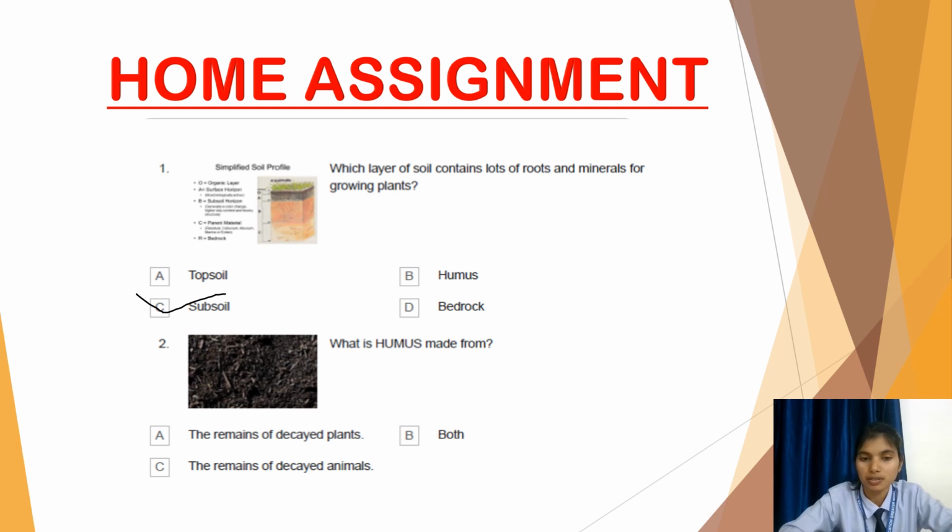The next question is, what is humus made from? So basically, students, as I have already told you, humus is made up of the decomposition of plant and animal matter. So here the correct answer is both the remains of decayed plants and the remains of decayed animals.